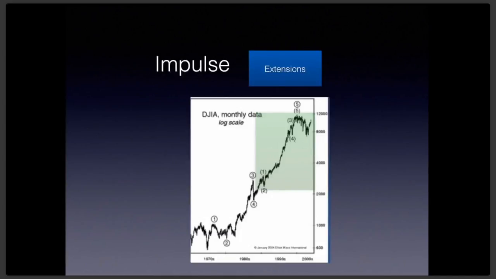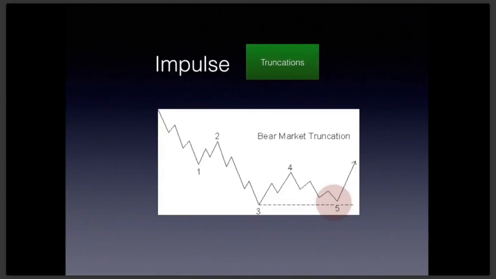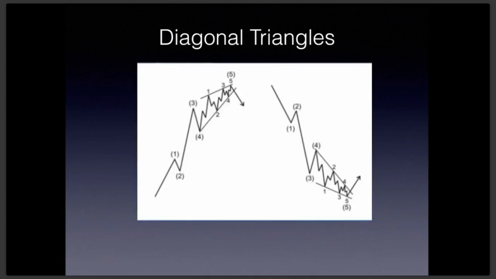Like I mentioned earlier, if we break down from 4 to 5, expect an impulsive 5 waves to the upside. And if we break down from, let's say, 1 to 2, you expect an ABC corrective wave lower. Impulse truncation will go like this, where the 5th wave fails to break the low of wave 3. And in a bull market, truncation is when the 5th wave fails to breach the high of the 3rd wave.